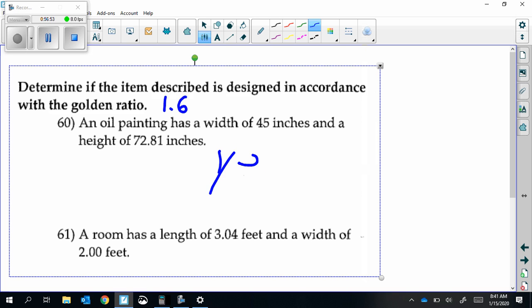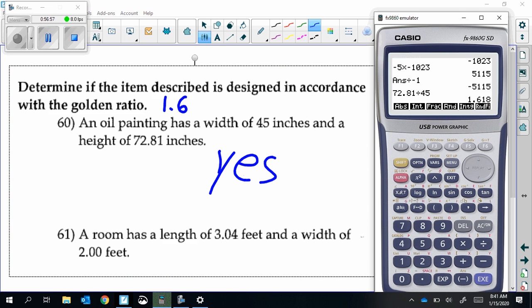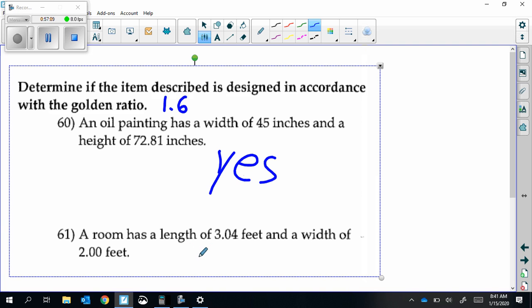Yes. Next one, same thing, 3.04 divided by 2.00, just 2. 1.52, that's not close enough. It's got to at least be a 1.6 something.